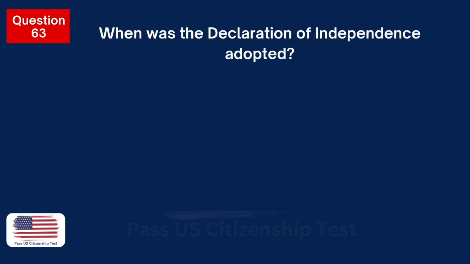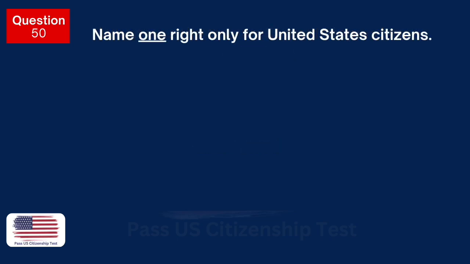When was the Declaration of Independence adopted? July 4, 1776. Name one right, only for United States citizens.